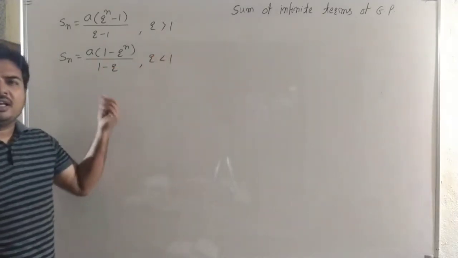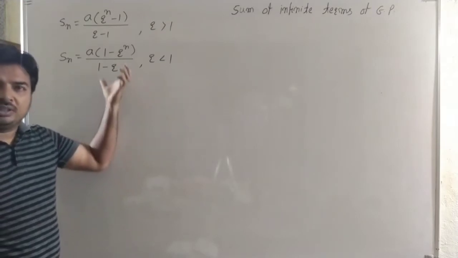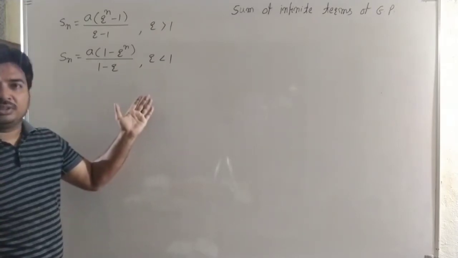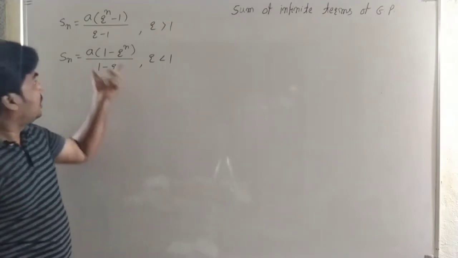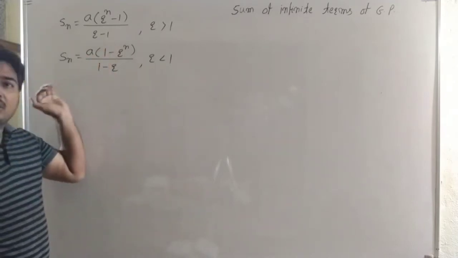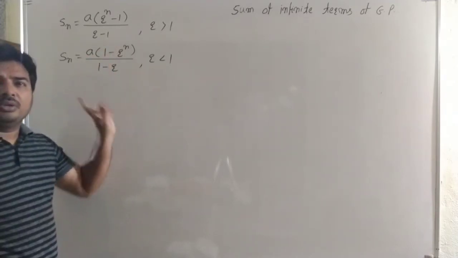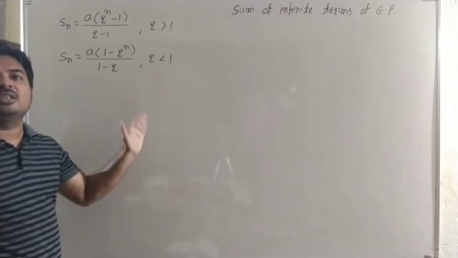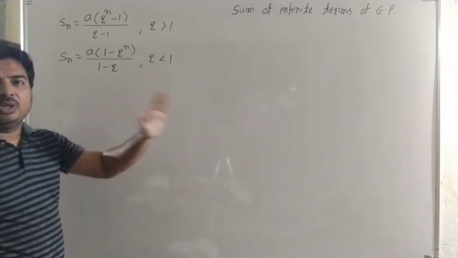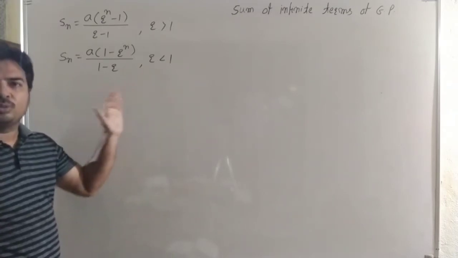When r, the common ratio, is equal to 1, then the sum of the n terms is a into n. When the ratio is 1, the terms are repeated, like 1 1 1, 2 2 2, 3 3 3, 4 4 4.